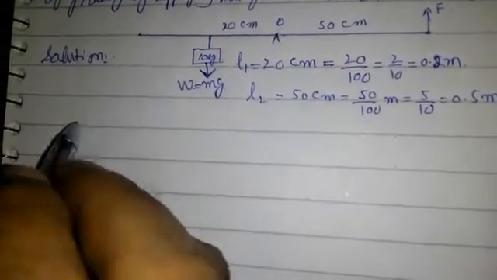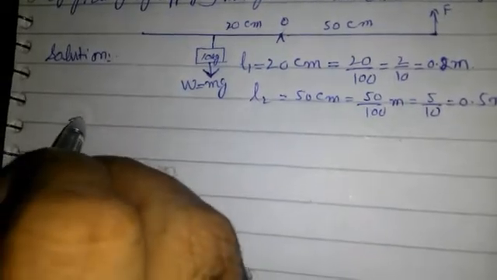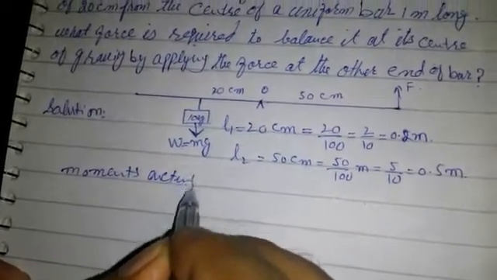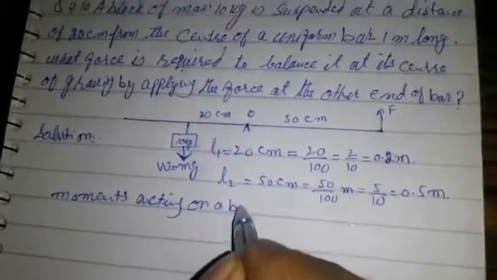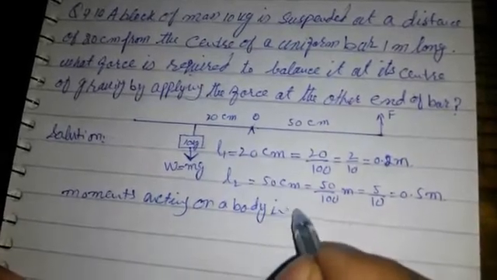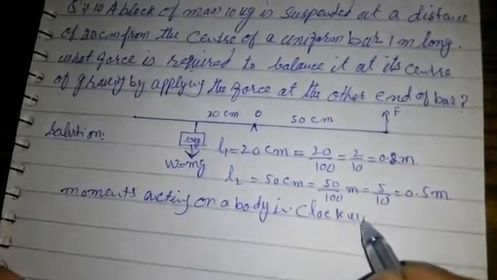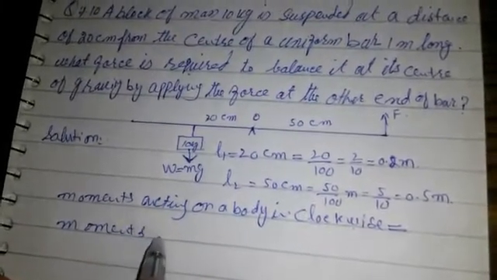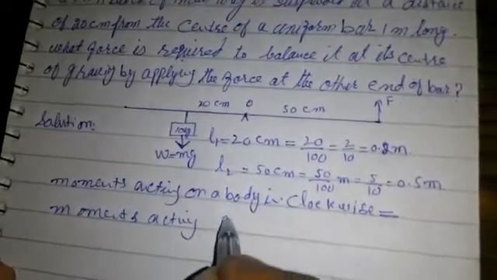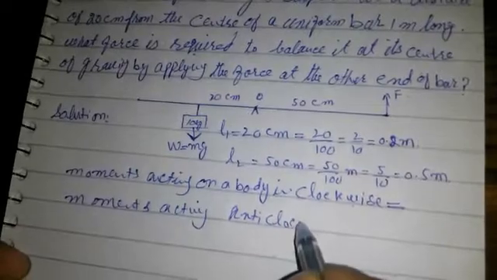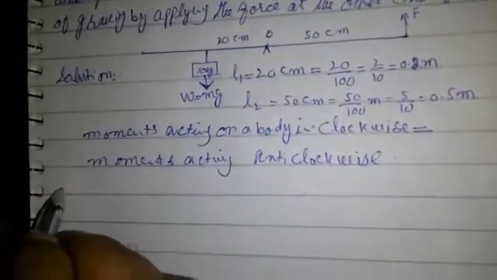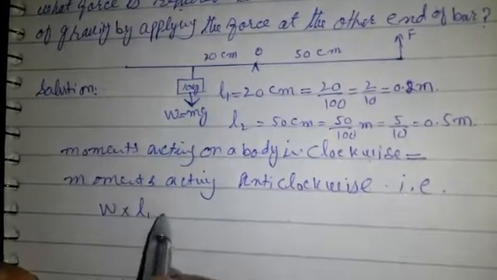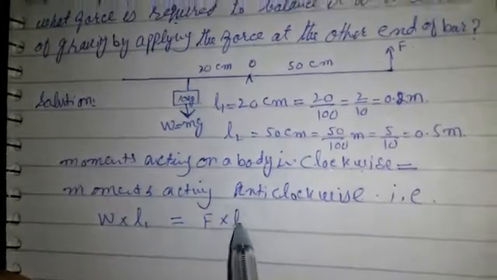We know moments acting on a body in clockwise direction are equal to moments acting anti-clockwise, that is W into L1 is equal to F into L2.